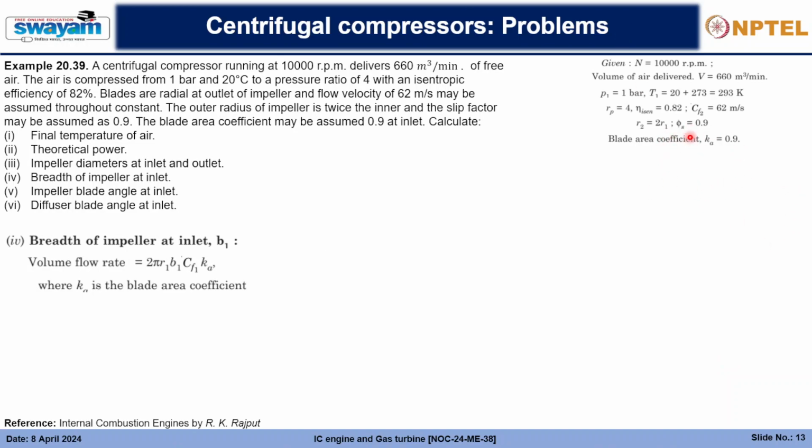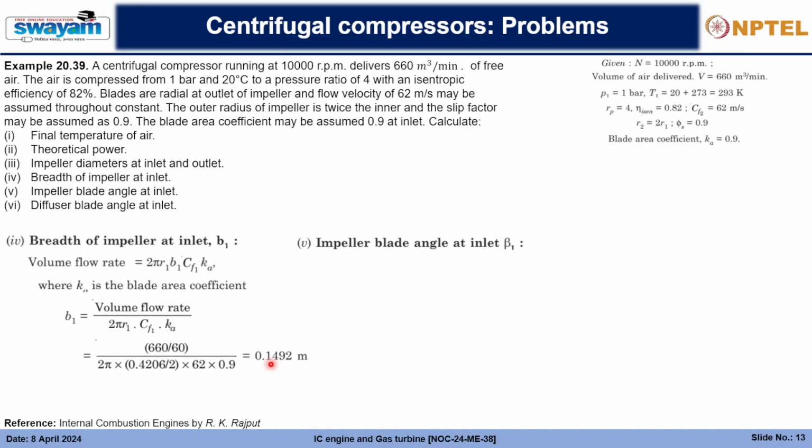Then B1 equals volume flow rate divided by this value, and the volume flow rate we know is 660 meter cube per minute, and we will get 0.1492 meter by plugging in all these values. We have considered CF1 here, which is the flow velocity, and we need to use the flow velocities always in this kind of condition. That is the breadth of the impeller at the inlet.